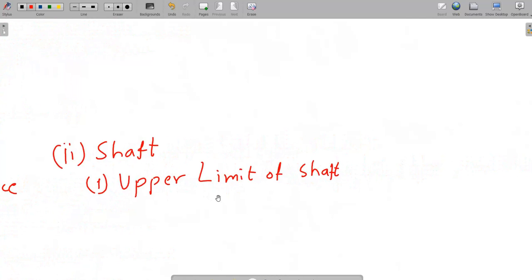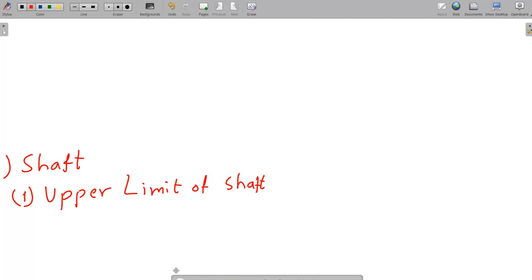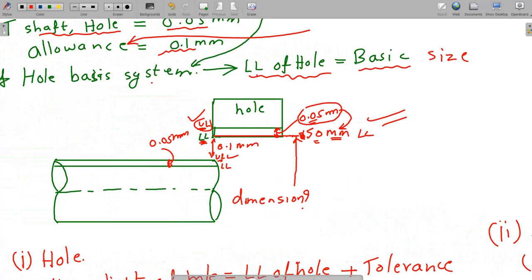Upper limit of a shaft will be equal to what? You already know the lower limit of a hole and you know the tolerance value, correct?